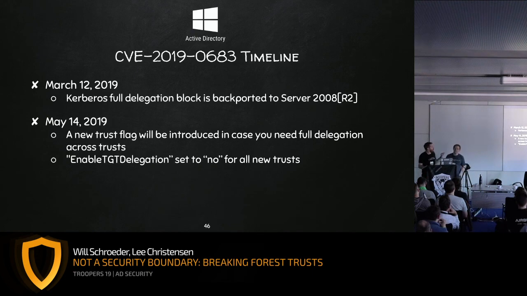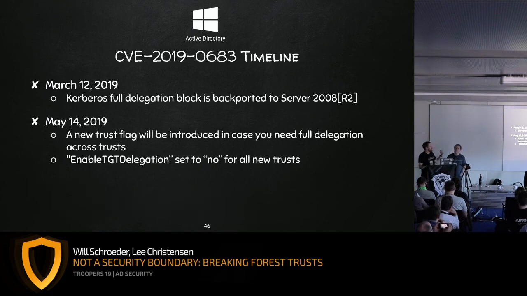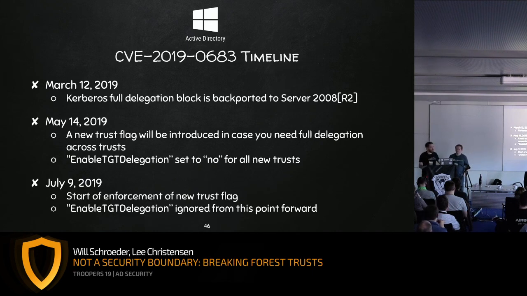Along with this, any new trust will have Enable TGT Delegation set to no. So with this step, they're giving people a window, saying if you do still need this feature, here's your chance to flip this and still allow it to happen. Because then in July, they're going to start enforcing the new flag that they implement, and they're going to completely ignore the Enable TGT Delegation flag.